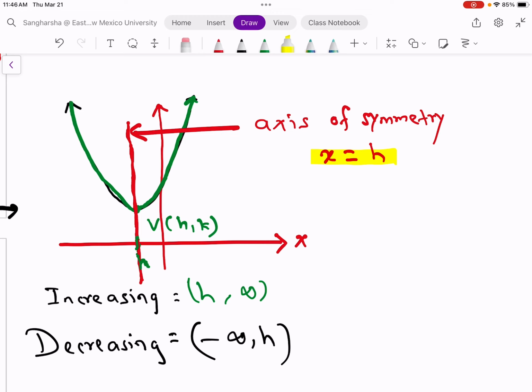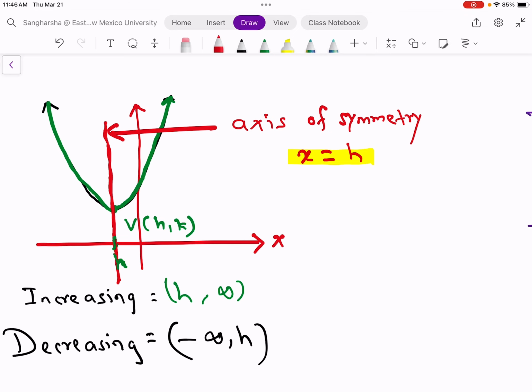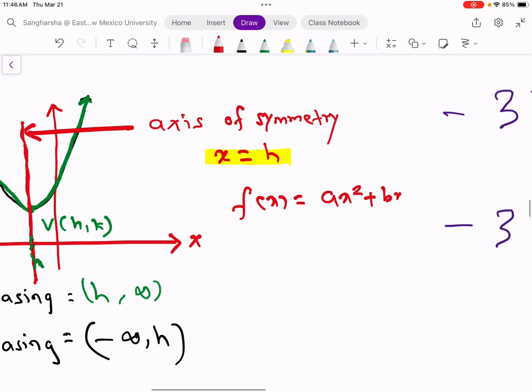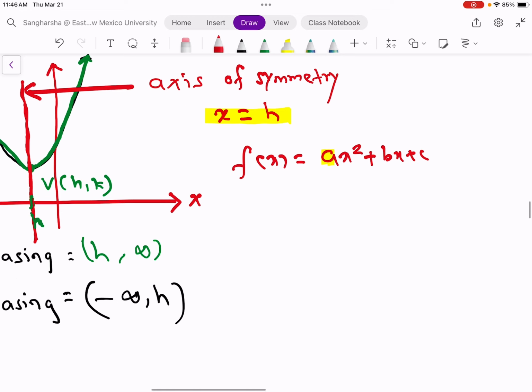The next thing, let me write the function one more time. Quadratic function f of x equals ax squared plus bx plus c. If the coefficient of the square term a is greater than 0, then our parabola looks like this.